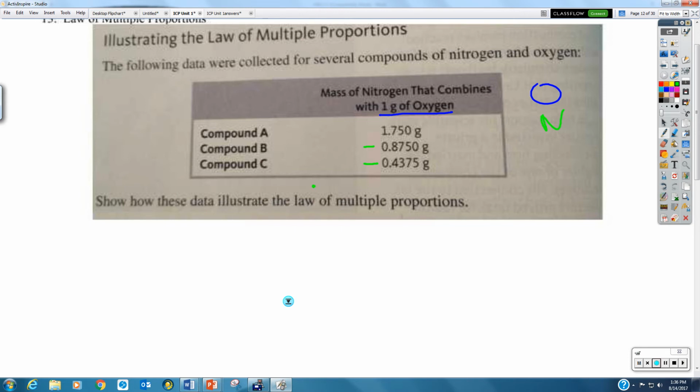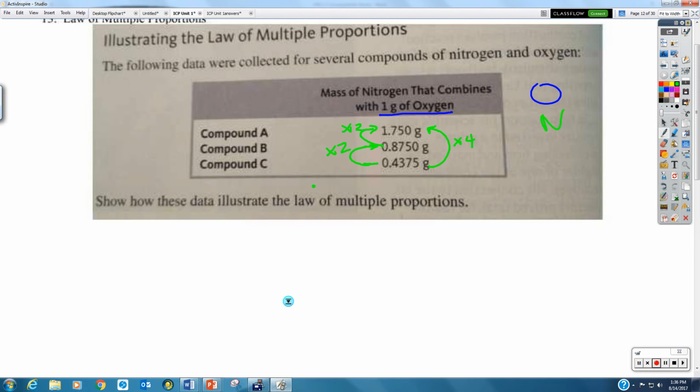All right, so cut in half, or if we're going this direction, how do we get to there? We double it. So going from B to A, what do we do? Double it again. If we go from C to A, it's going to be quadrupled.